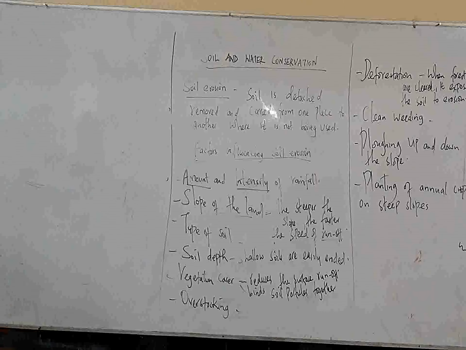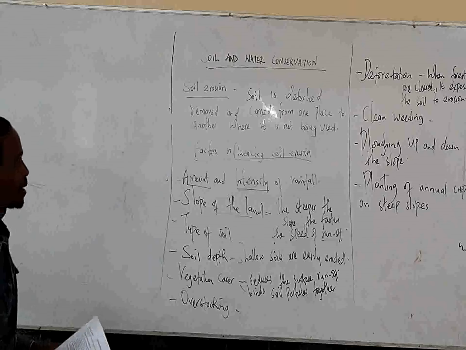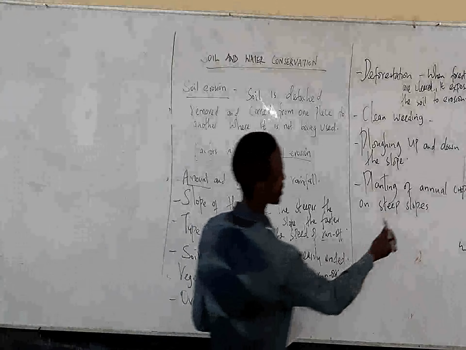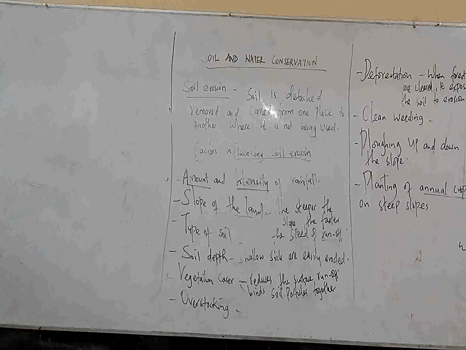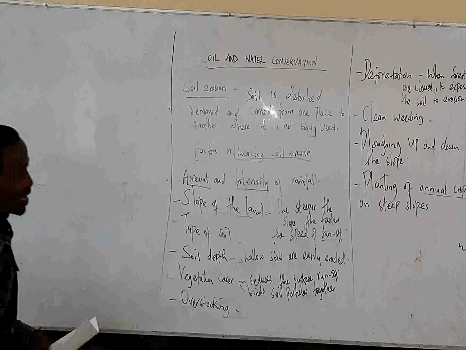So this is a factor influencing soil erosion, whereby remember that when we talk about the annual crops, these are examples of crops which are grown and they take a period of less than a year to grow to maturity, and then they are harvested.